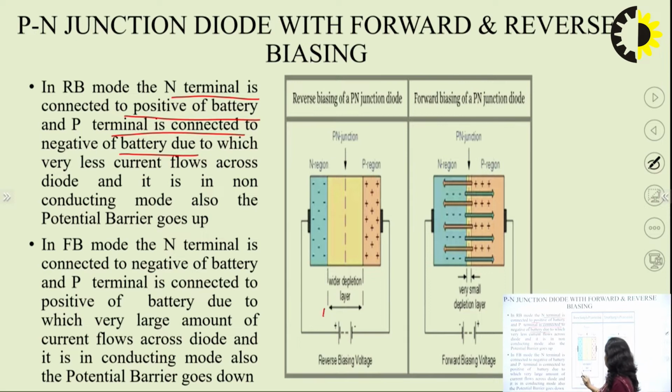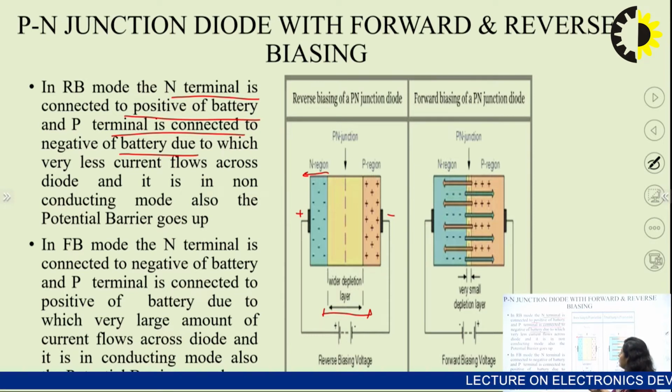You can see that the depletion region becomes wider because we are providing the positive side to the N region and the negative terminal to the P region. Electrons get attracted to the positive side and holes to the negative side, and they get separated from each other, so they will not cross the junction. The depletion layer will get wider and wider, and there is no flow of current.